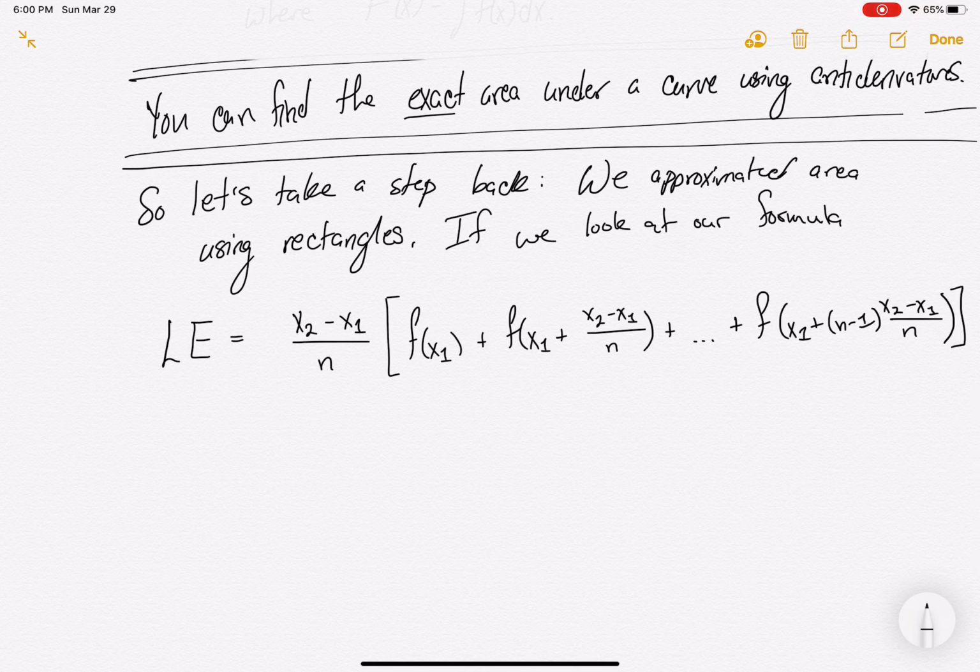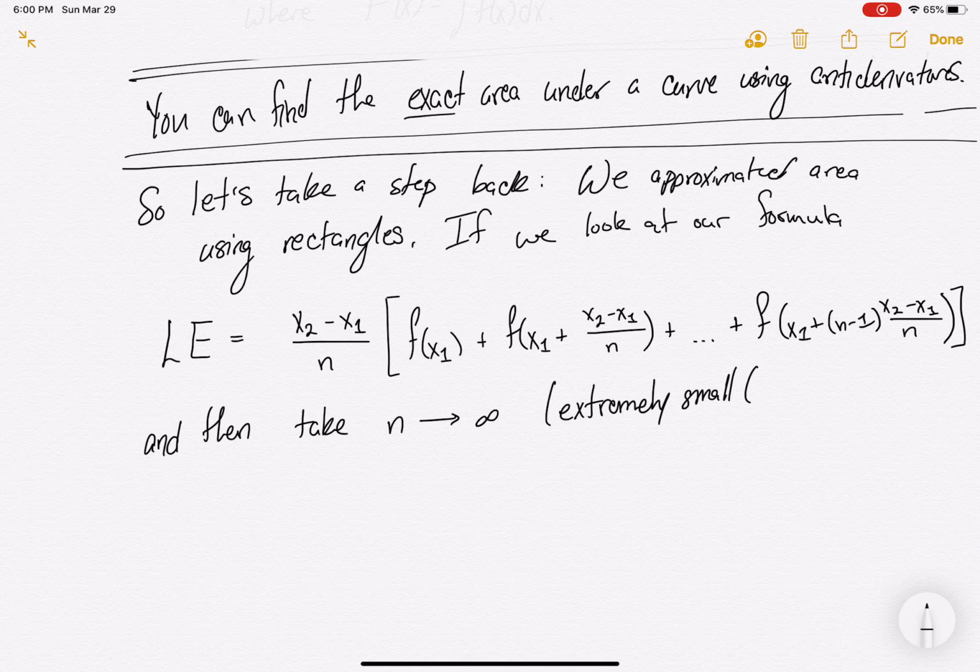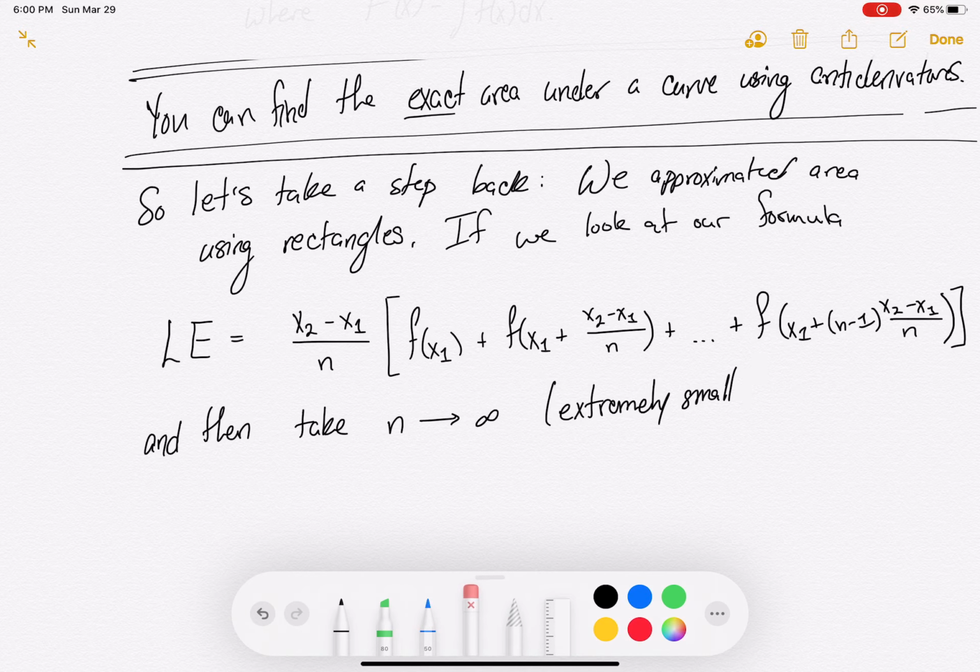And if we look at this and then take n to infinity, in some sense, this means extremely small width vertical rectangles.